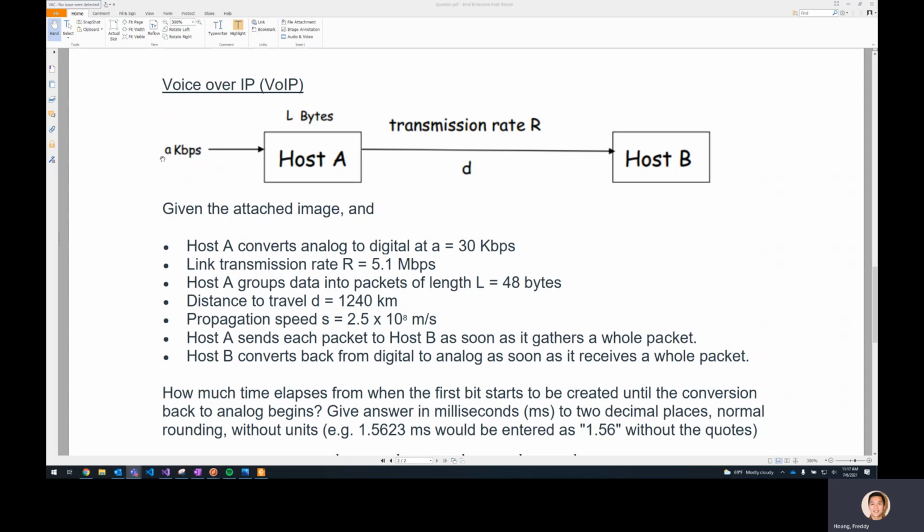And basically we have this packet that will be converting from analog to digital. And it'll go through some type of device here, which will incur a transmission delay. And then it goes through some type of physical link here to get to our host B. This link here is portraying our physical delay.